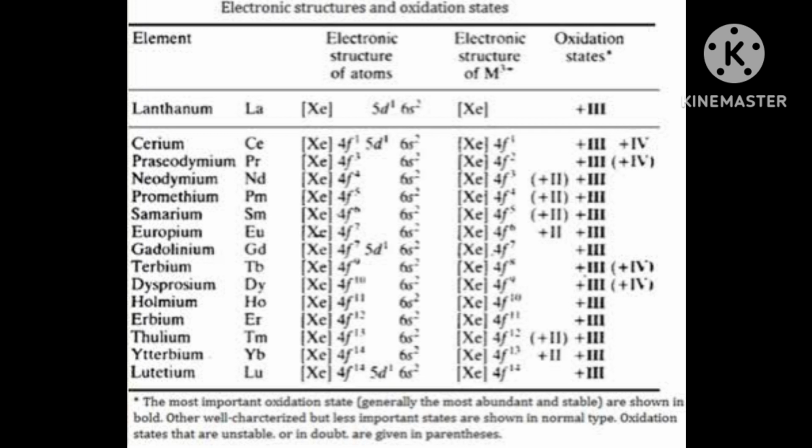But it is a strong oxidant, reverting to the common +3 state. The standard electrode potential for Ce4+/Ce3+ is 1.74 volt.